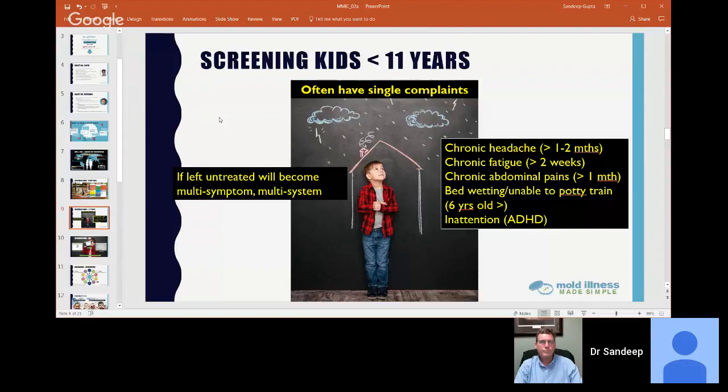So that's another really important point there. Thank you. And the other thing we talked about was that, in children who are suffering from autistic spectrum disorders as well, that's another area in which it's extremely important to screen them for CIRS. Would you agree, Dr. McMahon? Absolutely.